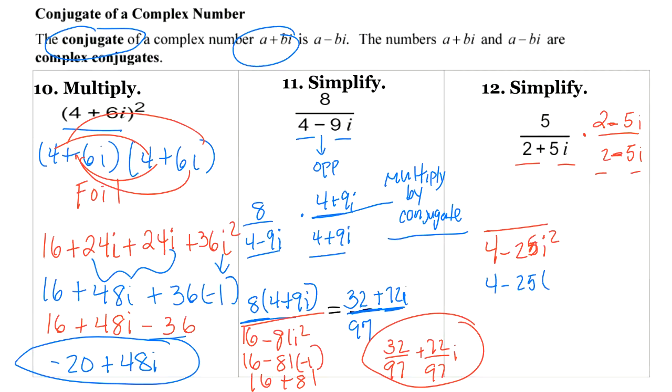Now I just need to change i squared to negative 1. And when I do that, I have a negative 25 times a negative 1, which gives me positive 25. Now I add 4 plus 25, I get 29.